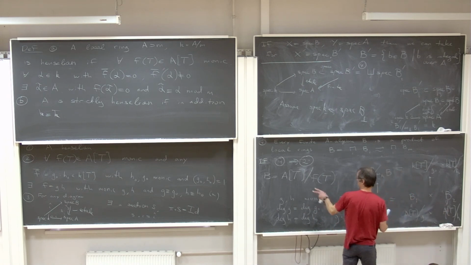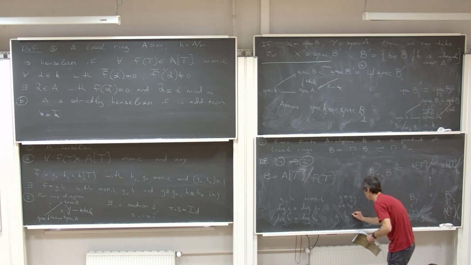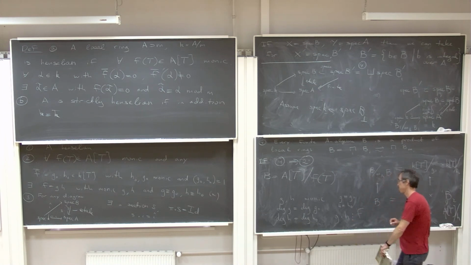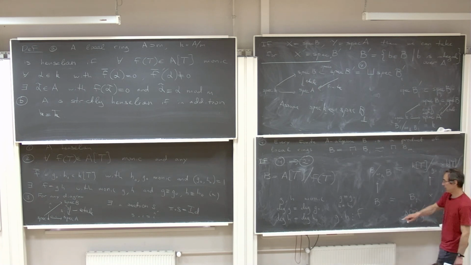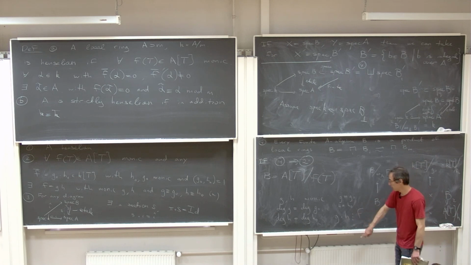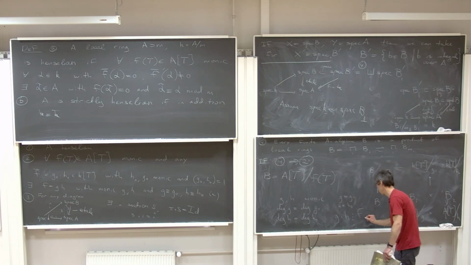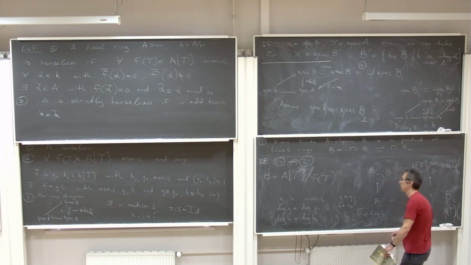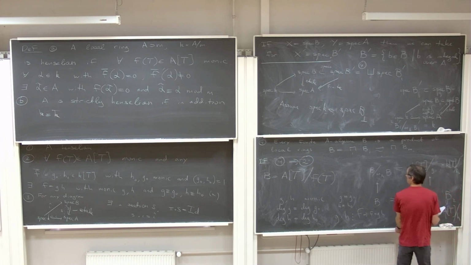It must be 0 here, so it means that it's divisible by F. But these polynomials have the same degree, and they're monic, so F is equal to GH. Okay, now done.